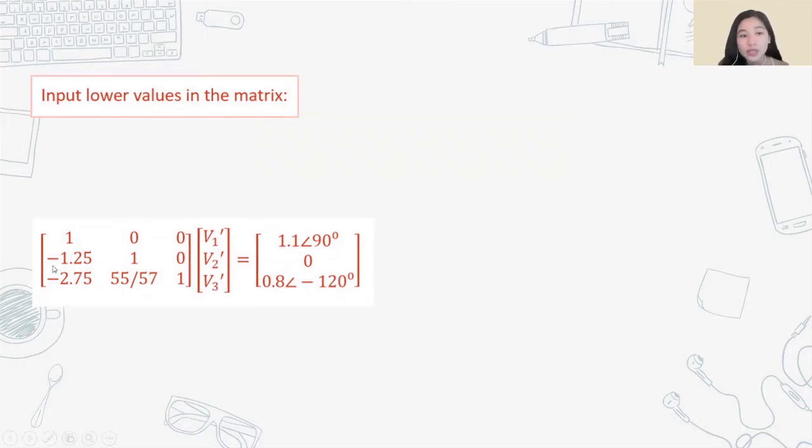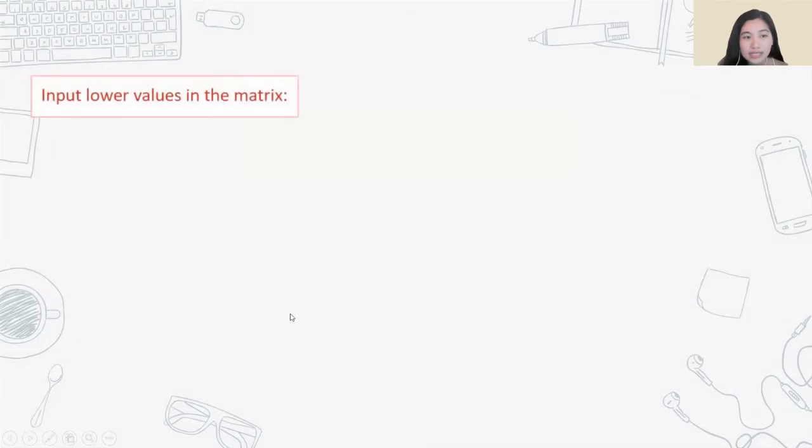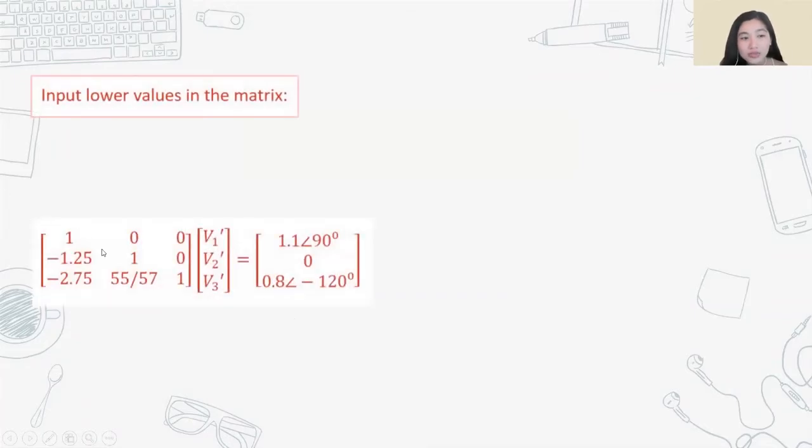For example, sabi natin sa lower matrix, if we are performing the Doolittle, all of the diagonals will be equivalent to 1. Meaning ito is known as our L21. Let's look for the value of L21 previously. L21 is equivalent to negative J1.25, and you can see here that ang ating L21 is equivalent to negative 1.25.